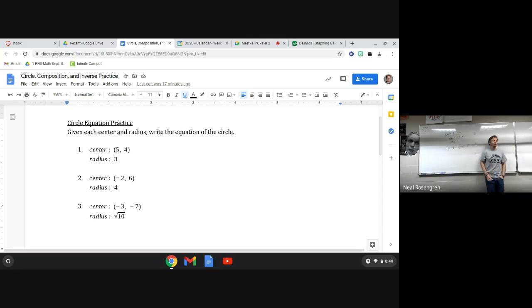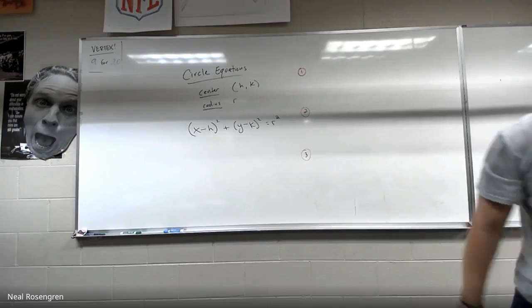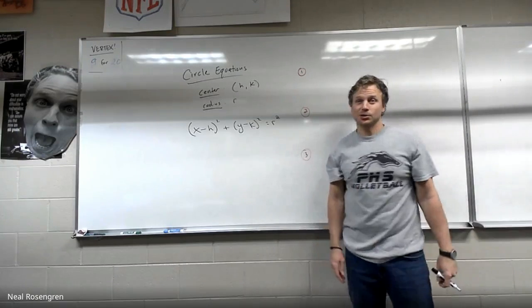First one. I would love to hear from you, somebody that got the first one and feels pretty good about it. Unmute yourself and tell me what's the right answer. Oh, come on.